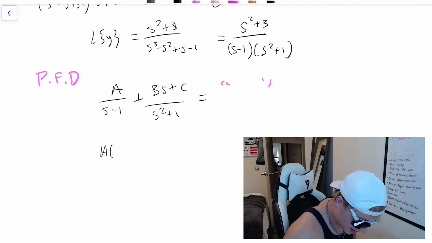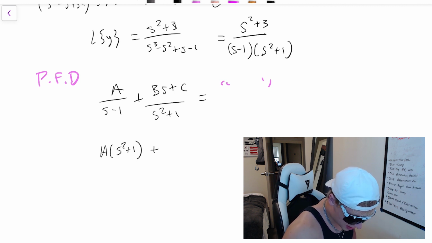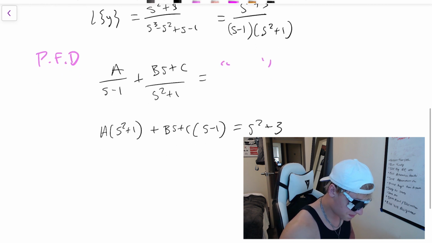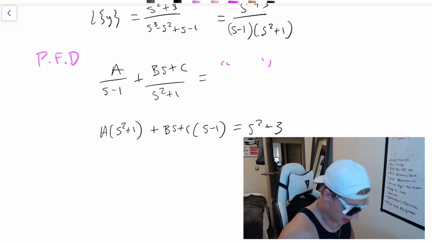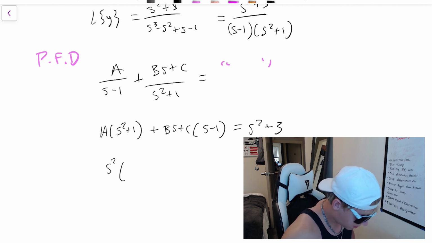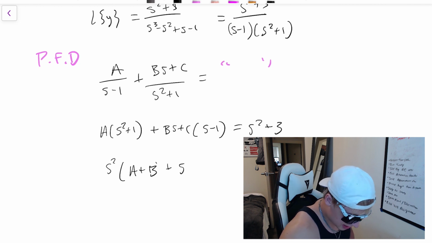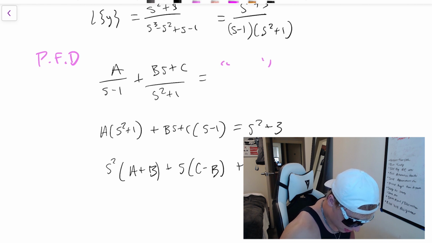We're going to get A times s squared plus 1 plus Bs plus C times s minus 1, and that's going to equal s squared plus 3. You can set it up like this: s squared times A plus B, plus s times C minus B, plus A minus C equals s squared plus 3.